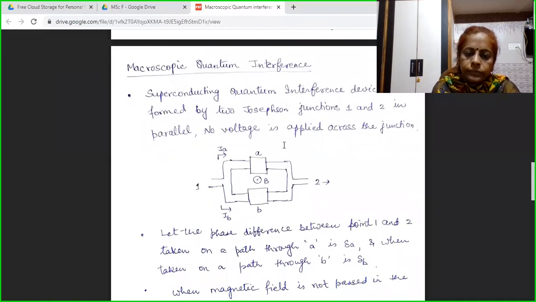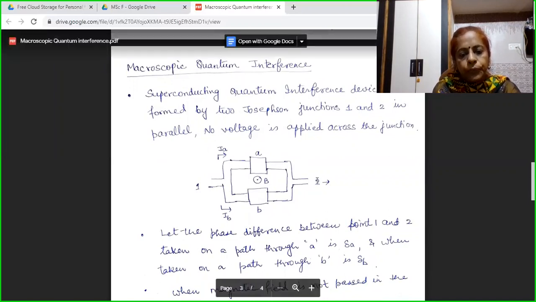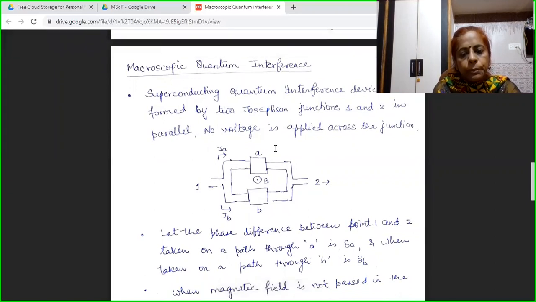I am denoting my first junction by a letter A and another by a letter B. Assuming that the phase difference between my point 1 and 2, when I am taking through path A, be delta A, and when taken through path B, let it be delta B. Now, initially, I am applying zero magnetic field.